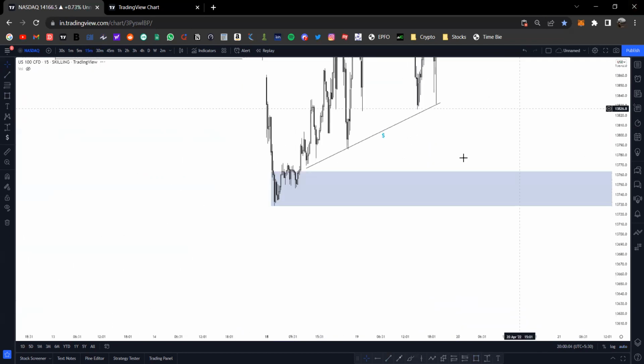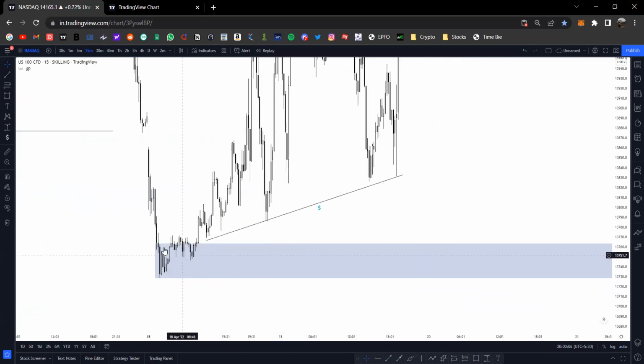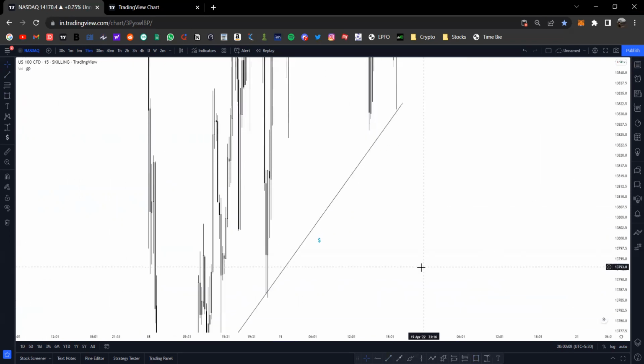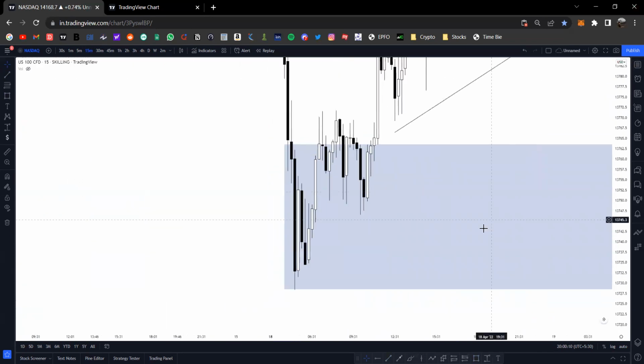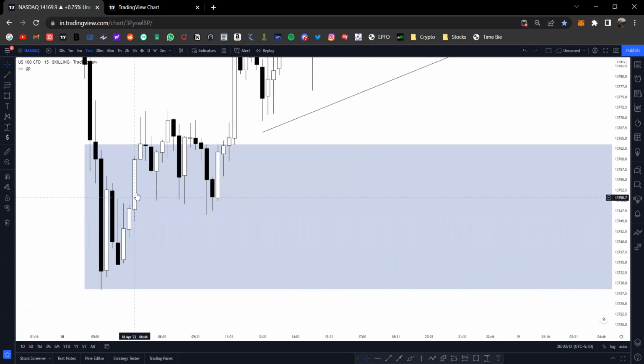I will go on a lower time frame to define some kind of entry of mine, and you see this whole zone's imbalance has been mitigated by these lows.